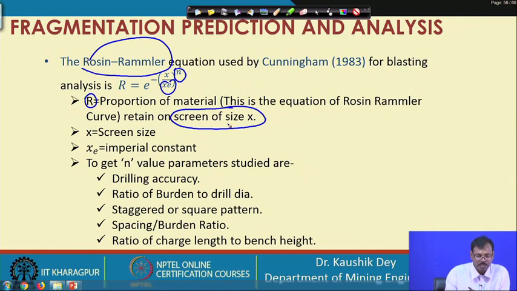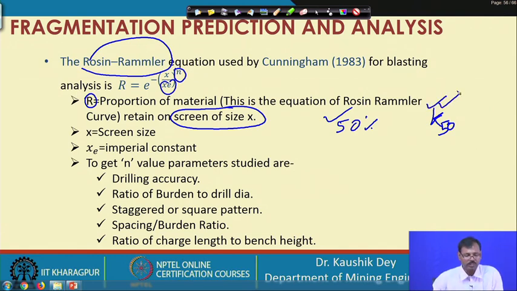This is an exponential function. And if R is considered as 50%, then the value of x achieved is considered as the K50 size. So, for R equal to 50%, the value of x achieved is basically the K50.